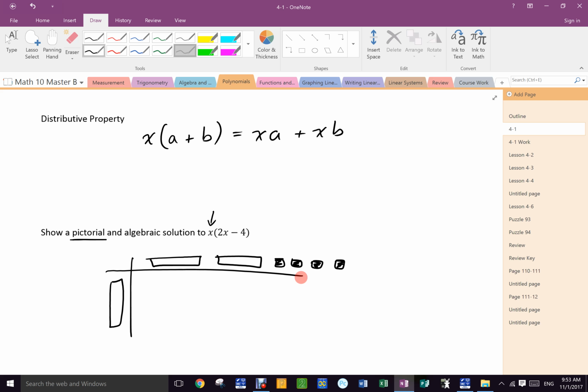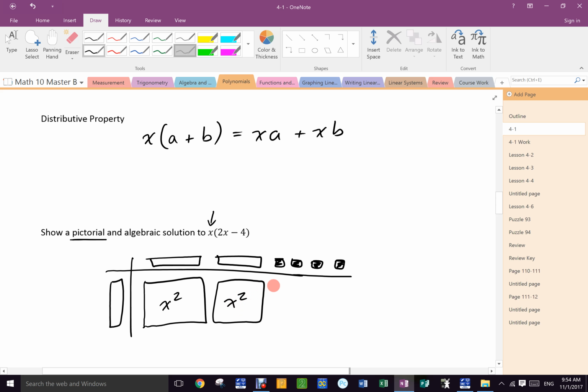So I have this x, and I'm multiplying it all the way across this x to make a giant x what? X squared. Then another x squared. Then 4 bars. What wins, the negative or the positive?